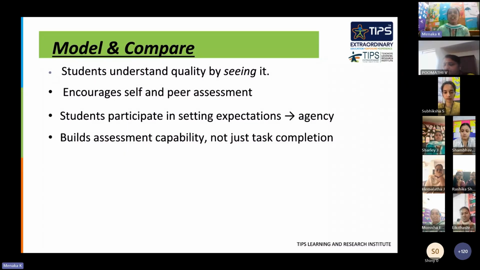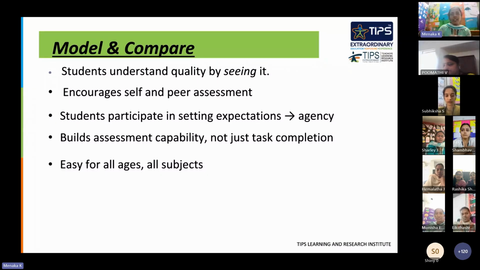They won't take it as, okay, I have been assigned this task and I should complete it. And it is easy for all ages and all subjects. Not only from grade KG or grade 1 but until grade 12, we can use exemplars to understand better, and they'll know what they have to attain at the end of their learning, and it connects naturally to the skills. That's why we recommend model and compare.